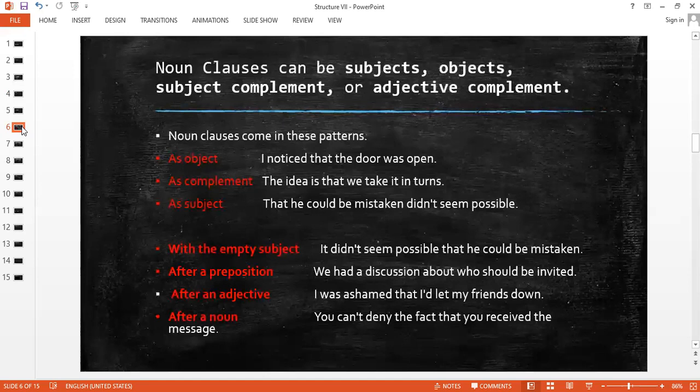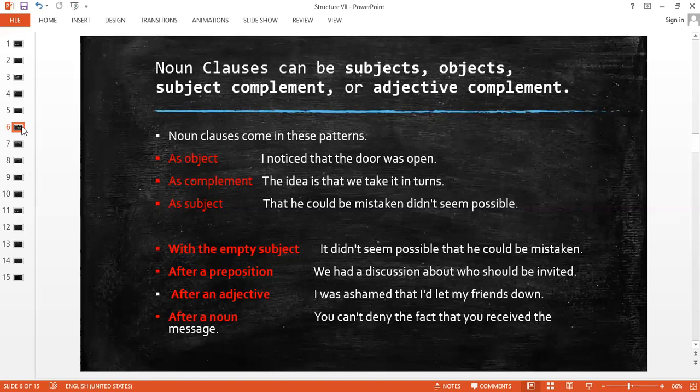And then noun clauses can be subjects, objects, subject complements, or adjective complements. How is that? Like object, noun clauses acting as object: I noticed that the door was open.